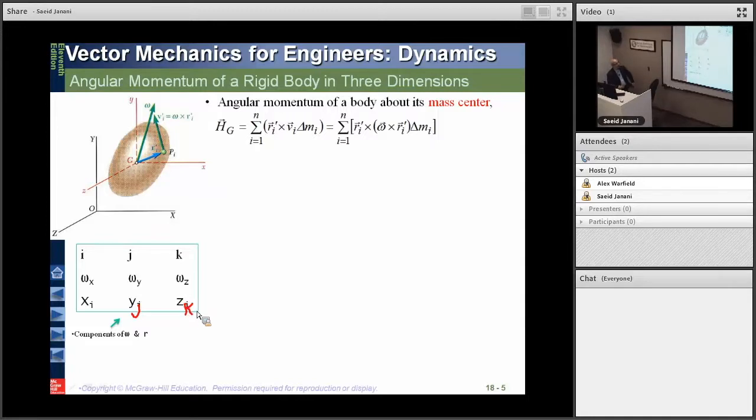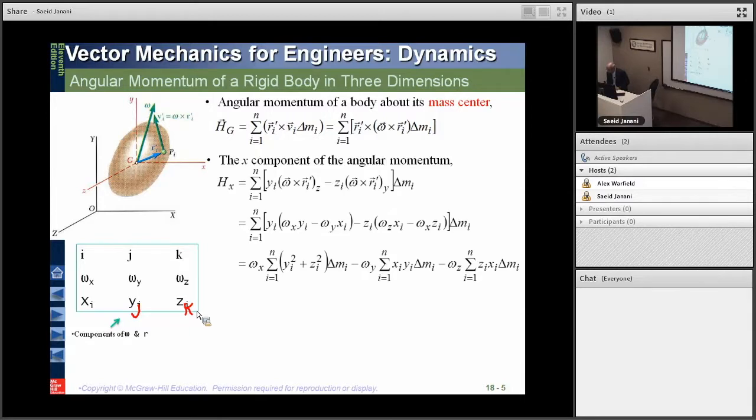There's a mistake here, those are i, j, k. I apologize. So this is j and this is k. That would be the cross product that we do.